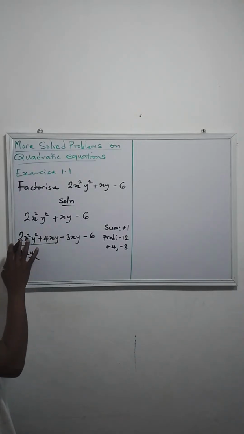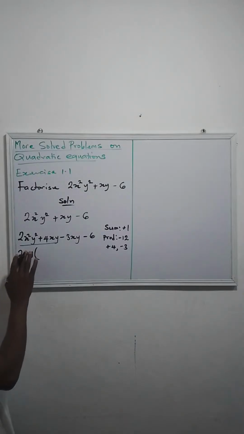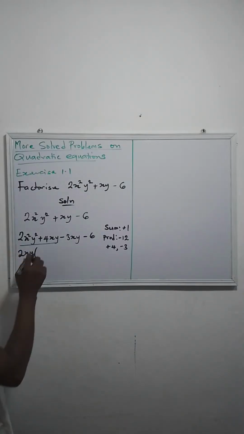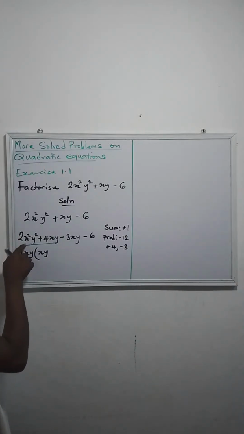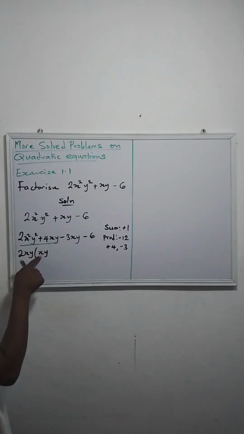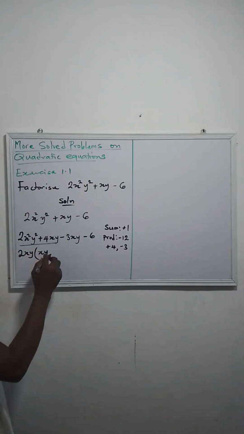So when you divide 2x squared y squared by 2xy, what do we have left? We have xy. 2 cancels 2, x cancels 1x, so we are left with 1x. y cancels 1y, so we are left with 1y. When you divide this by this, you have plus 2.